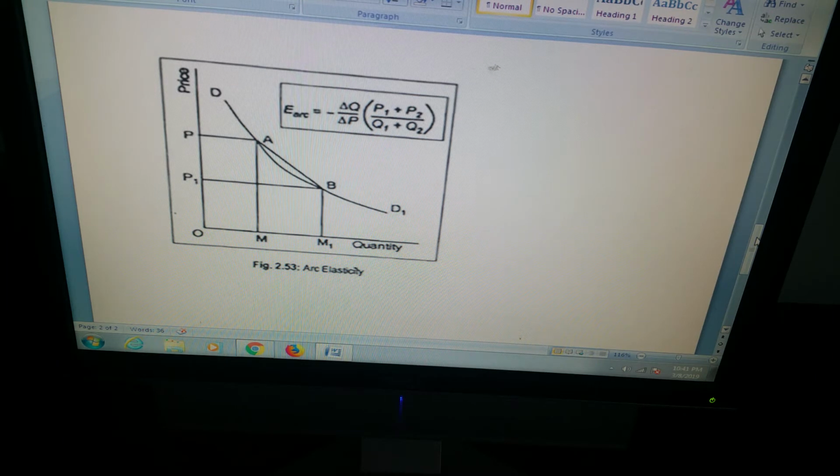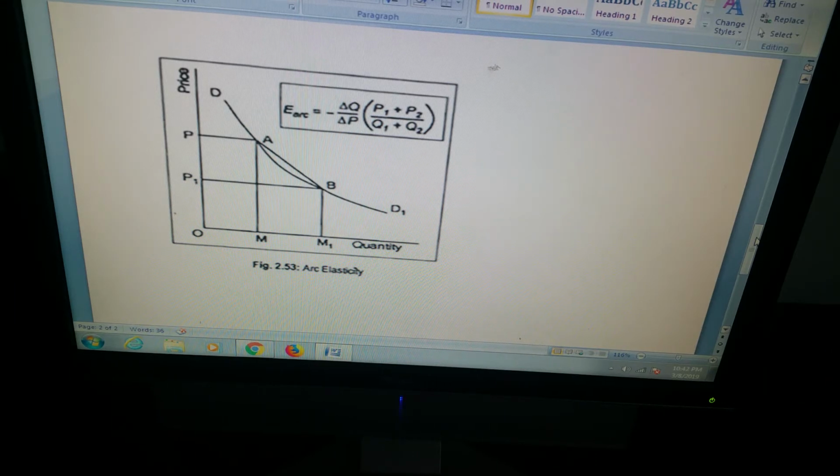You can move from P1 to P2, you can move from P2 back to P1, but here we are moving from point B to point A. Someone else might say, oh my god, this is not a movement. The P was the original point because it corresponds to point A, and now we are moving to point P1. So you can move in any direction. The formula for calculating the elasticity will remain the same.